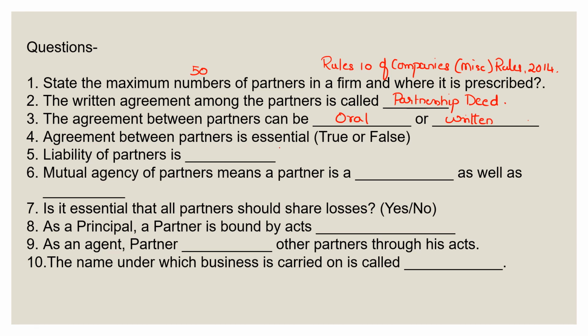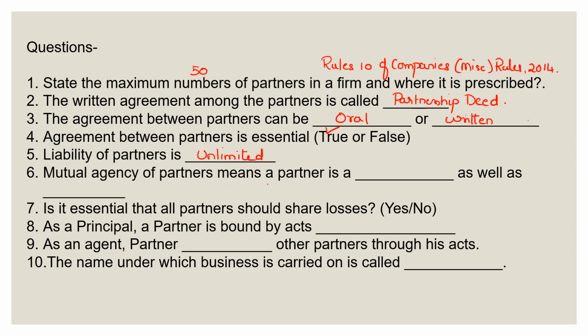Agreement between the partners is essential, true or false? Yes. The basis of partnership itself is the agreement. When people agree to do something together, especially a business together, it is a partnership, and therefore it is true. The liability of a partner is unlimited.